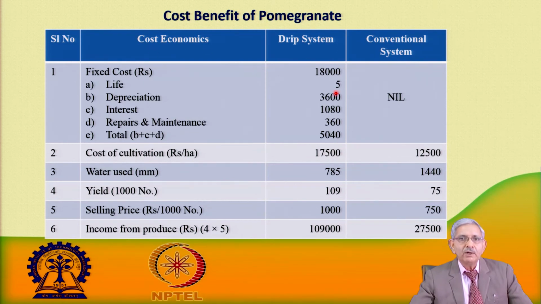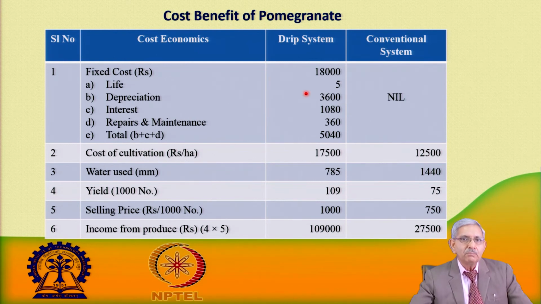So, this is one example which has been reported by A.S. Rao, and it is given in the particular manual, with study data collected from Maharashtra for a pomegranate field. If the pomegranate is cultivated, the cost of the drip system involved is 18,000 rupees, and the life is considered as 5 years.